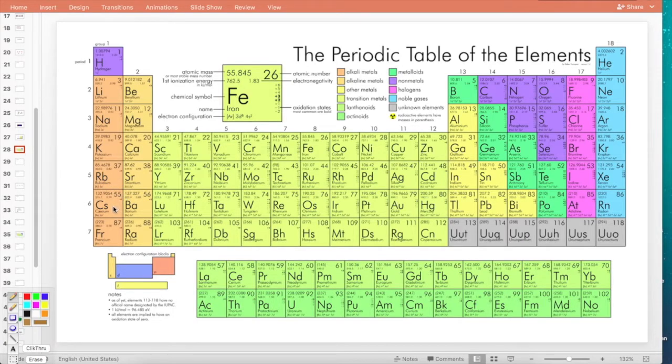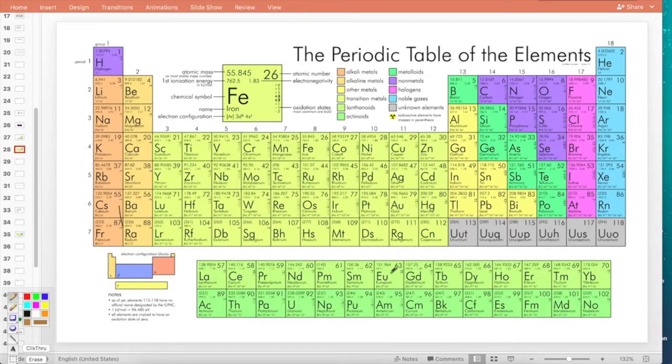Notice that it's organized too by type of element. It's color-coded based on types. So this peach color over here, this orange color, those are the alkali metals. This light orange color, alkaline earth metals. This kind of yellow-orange color, these guys right here are other metals. This yellow-green color here, these are the transition metals.